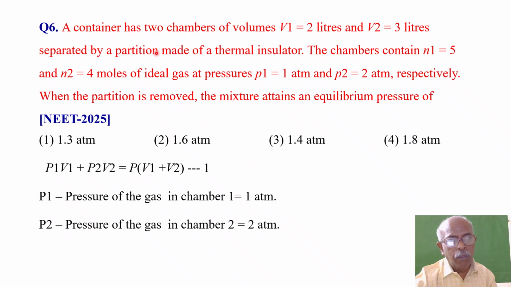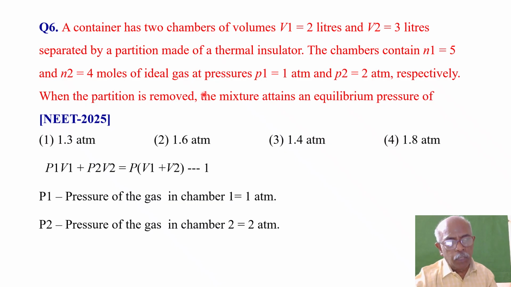So we have two chambers. For the first chamber, V1 is the volume, 1 atm is the pressure, and 5 is the number of moles of ideal gas. For the second chamber, V2 is the volume, 3 liters, and P2 is the pressure, 2 atm, and N2 is equal to 4 moles, the quantity of gas inside the chamber.